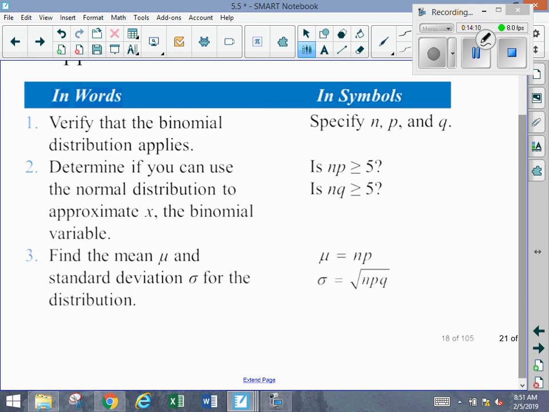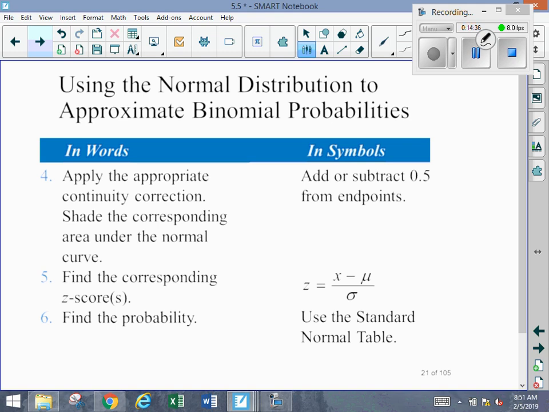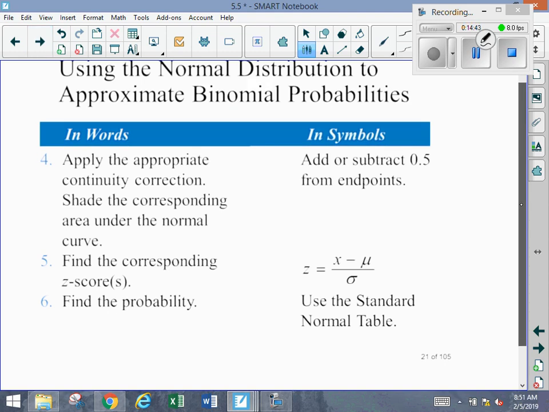Then find out if we can use a normal distribution. We'll find the mean and the standard deviation, and then we'll be able to use essentially a z-table, the normal distribution. We'll be able to use a standardized value in order to calculate some sort of probability. So that's what we're going to do, and we'll apply an appropriate continuity correction.